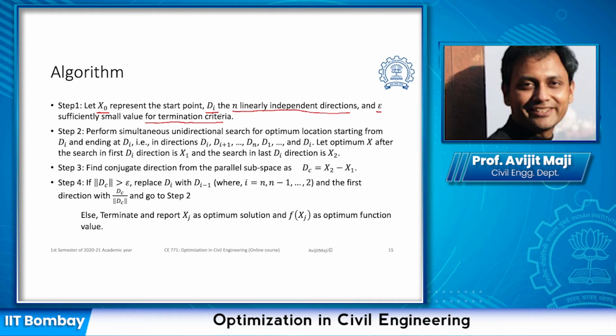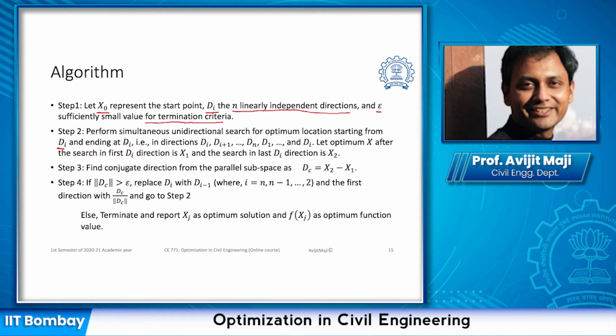Now once we know this, we perform the unidirectional search for the optimum location starting from direction di. We can always start with i equal to 1.